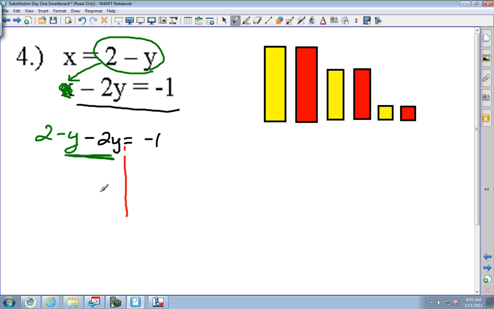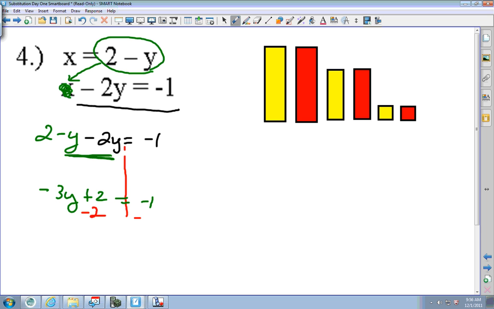How many y's do I have? No, this is a negative what? Negative 1y, negative 2y's. You have negative 3y. This 2 is just a plus 2 equals negative 1. Now let's solve for y from here.